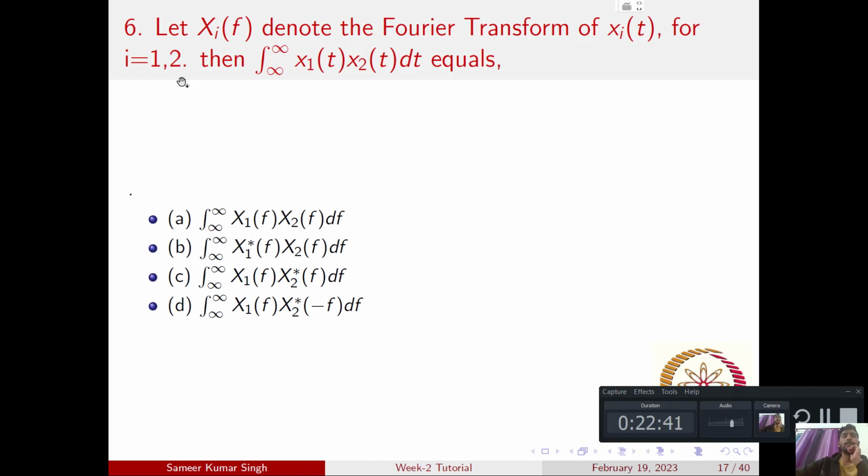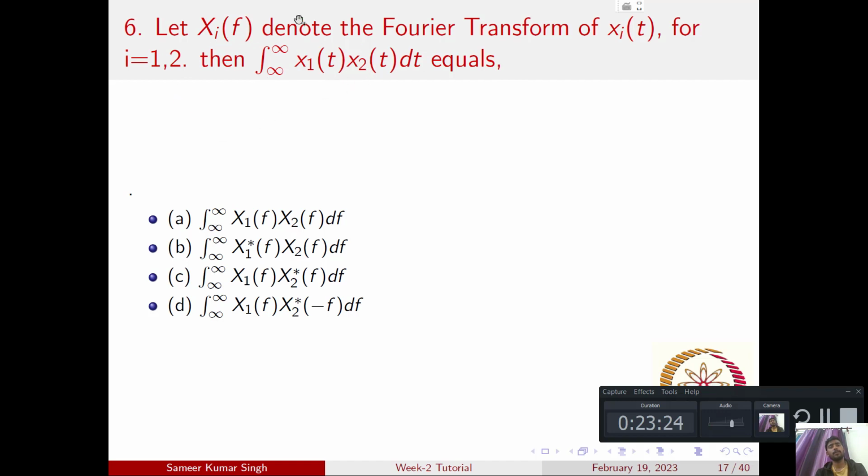Try this. I will explain this question after 2 minutes. We have two signals, x1(t) and x2(t).